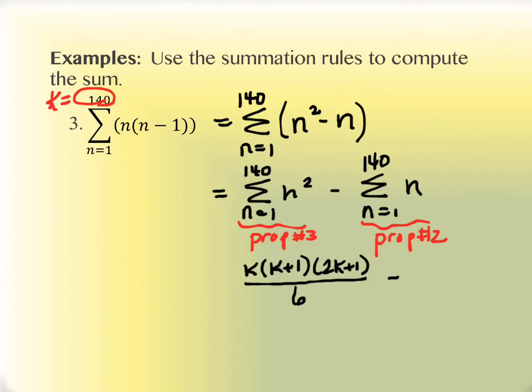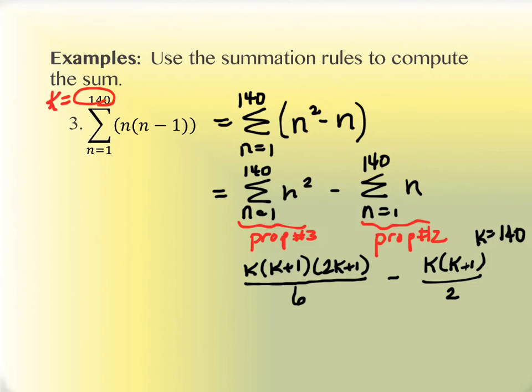And then on the second one, we're supposed to have k times k plus 1, or 140 times 140 plus 1, over 2. And as we identified, k is 140.